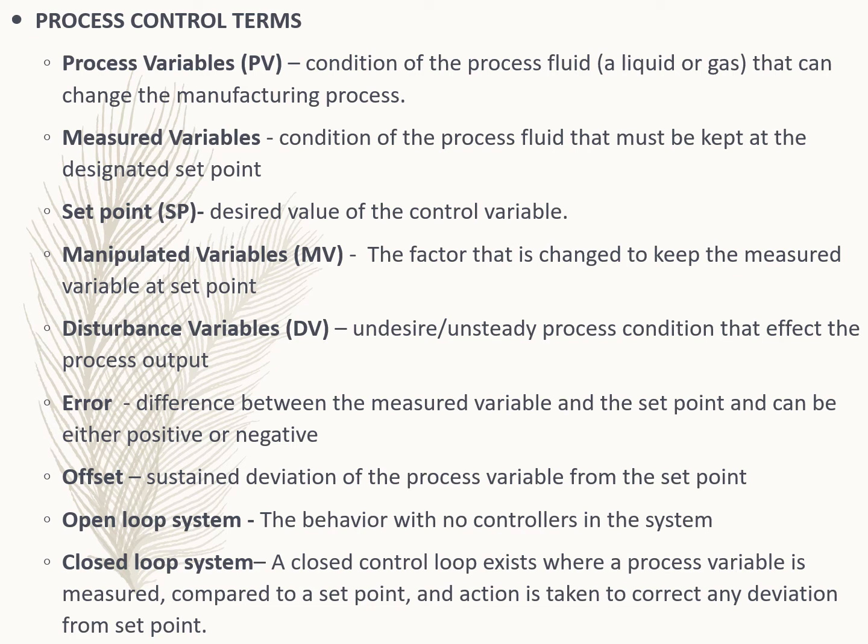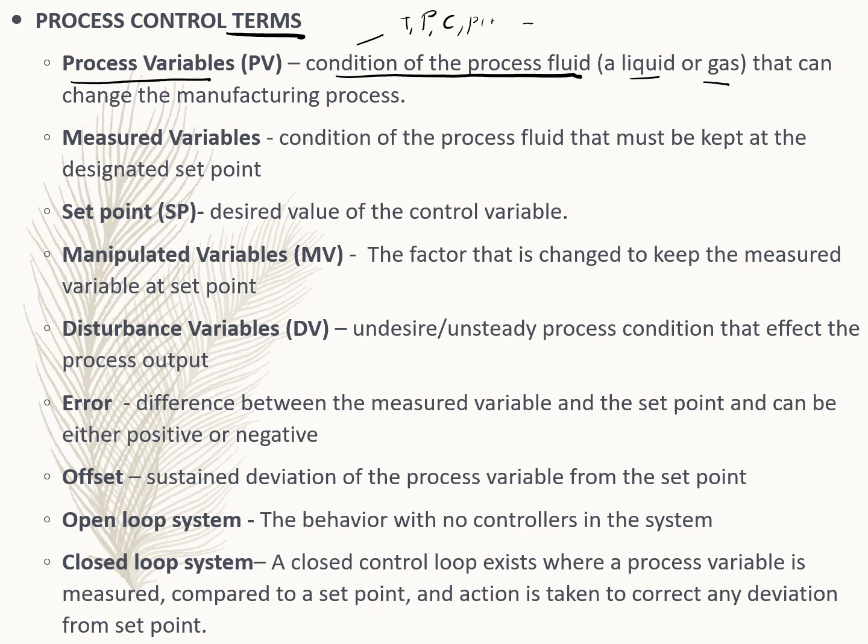So now we have terms inside the process control. This one you need to really understand. We have a process variable, like what I was saying just now. Process variable is the condition of the process fluid, liquid or gas, that can change the manufacturing process. Conditions like what I mentioned just now are temperature, pressure, composition, pH, and many more.